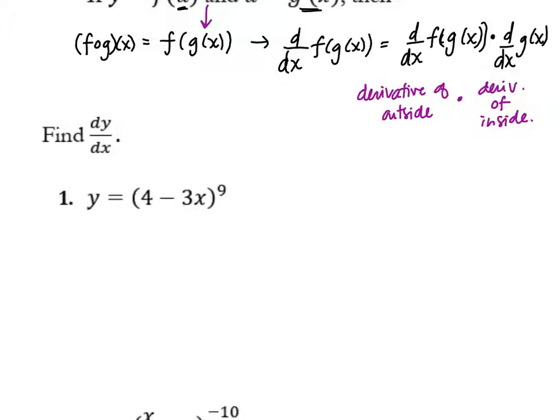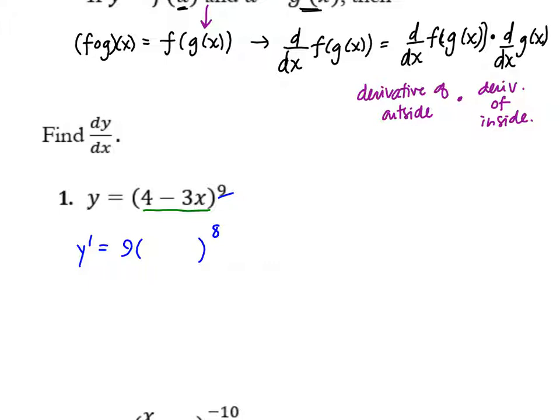So here's a function y. It's a function inside another function. So if you can picture covering up that 4 minus 3x to the 9. So that 4 minus 3x fits pretty nicely underneath your pencil or your fingers. That's an inside of another function. So y prime means that we differentiate the outside first, like we have to peel off the layers of the derivative.